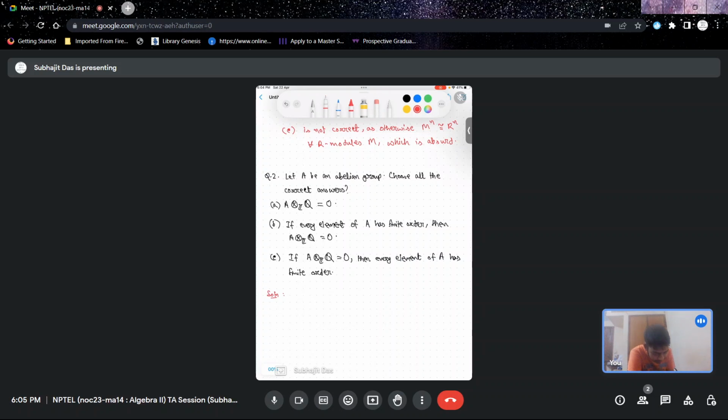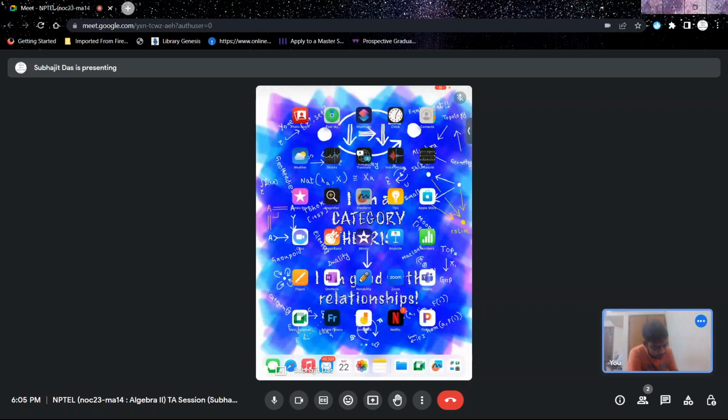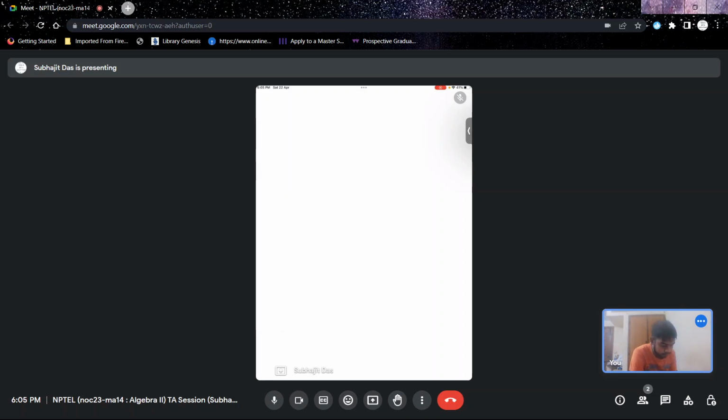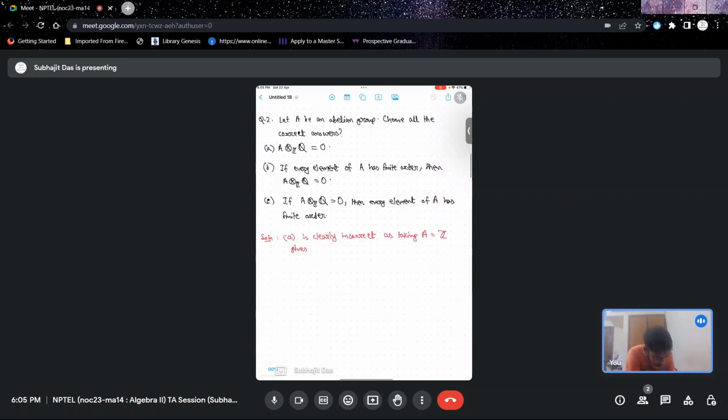Now A is clearly incorrect, as taking A equal to Z gives Z isomorphic to Z tensored over Z with Q, right? And Z is clearly not 0, right? So A is not correct.